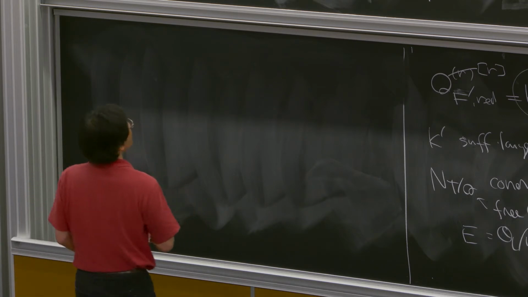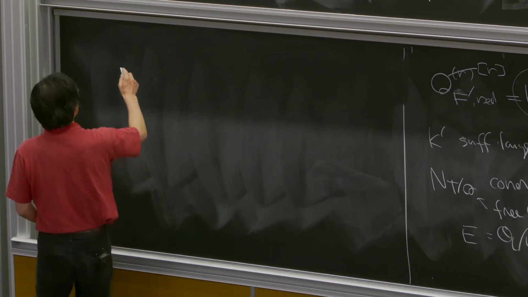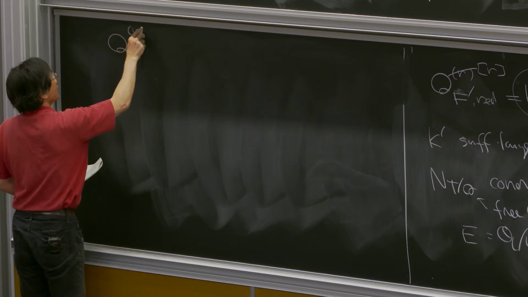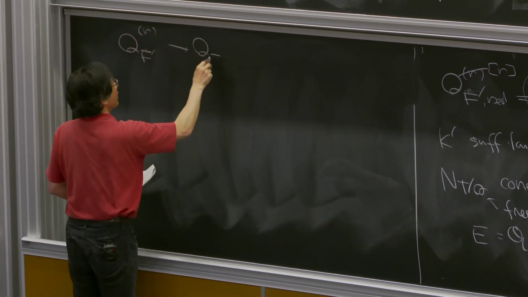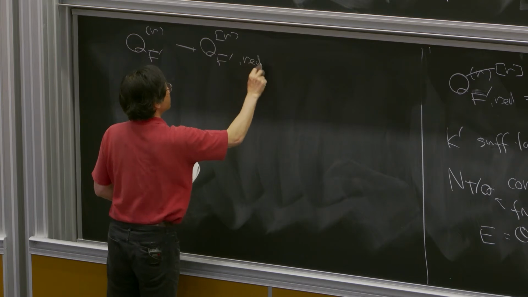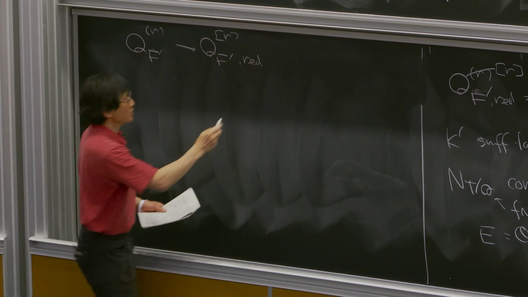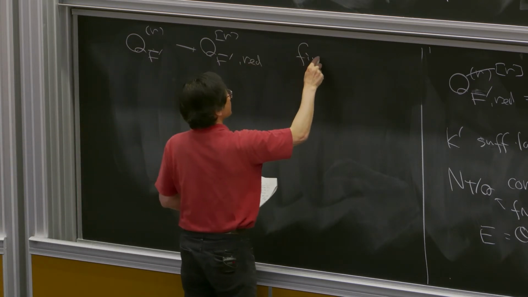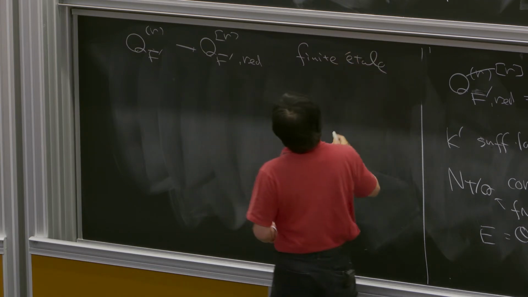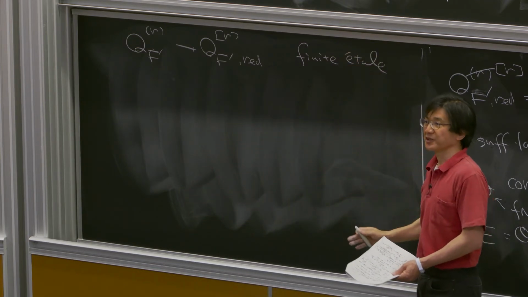Now we have this etale map, QF prime R to QF prime reduced. So this is the finite etale, by the cell I just erased.